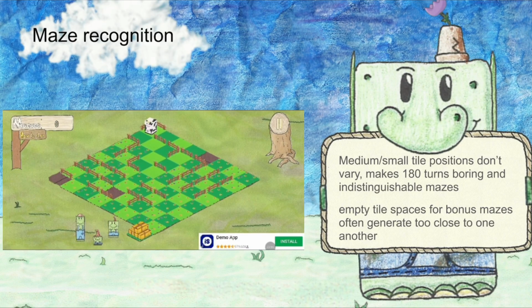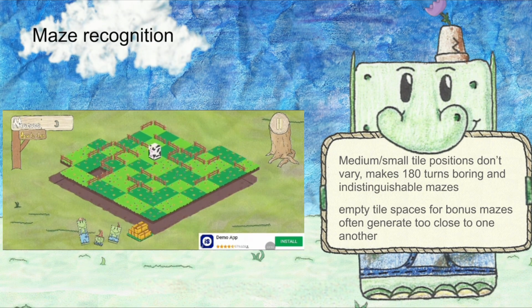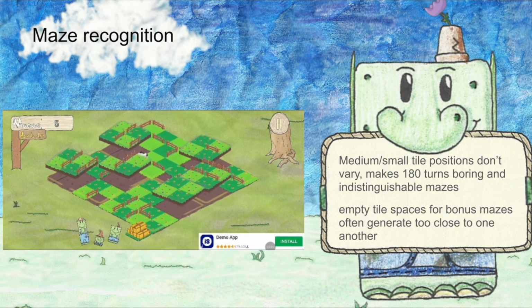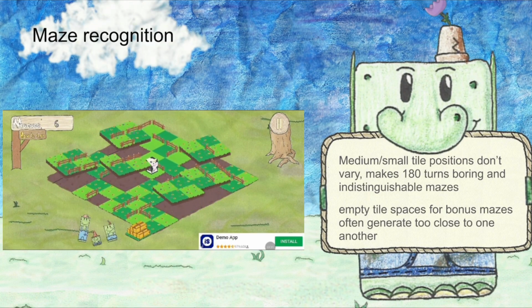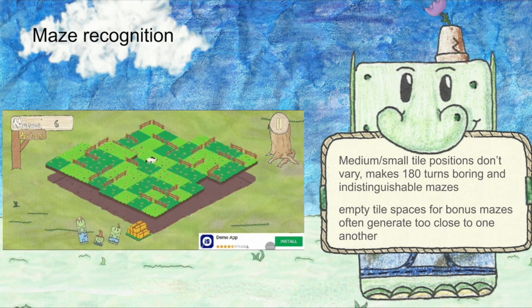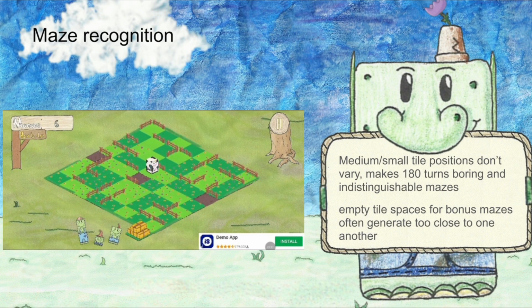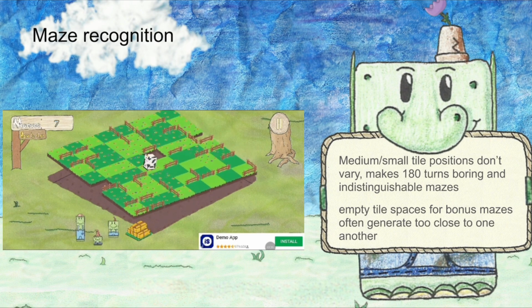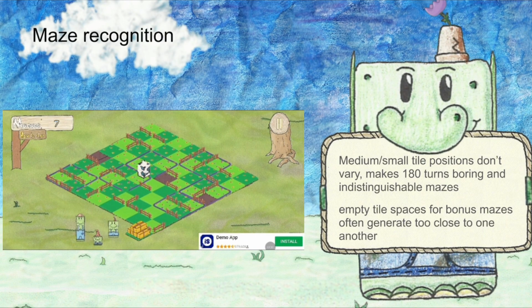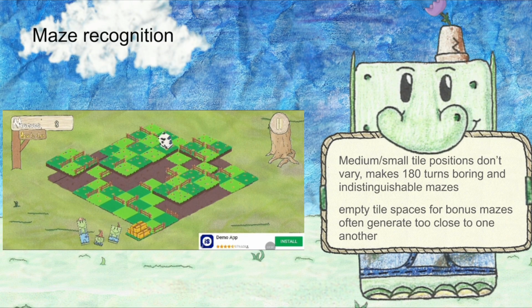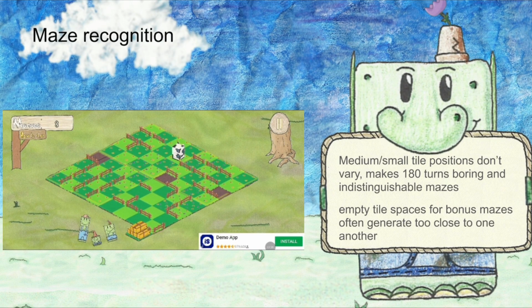Another problem is in the bonus mazes, the empty tiles are spawning too close together, and we were planning on adding a different feature for the empty tiles, where those empty tiles would become portals and you would use them to move around the board quickly. Either it would help you or hinder you.